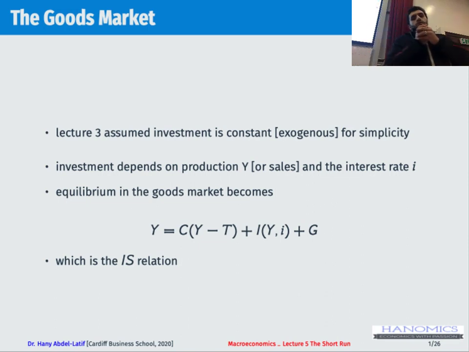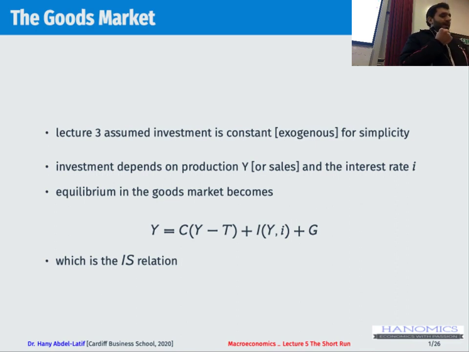Okay? Remember, we just assumed no inventories, so we still carry on with the same assumption. For firms to respond, maybe they need to spend more in investment, or the other way, if demand is falling, maybe they need to cut investment.